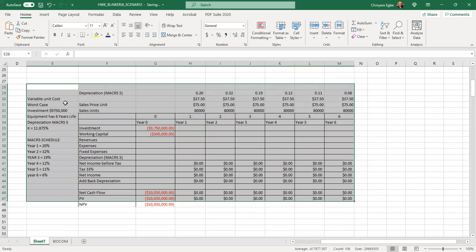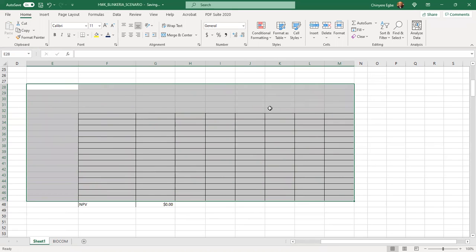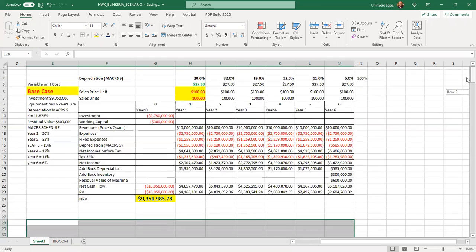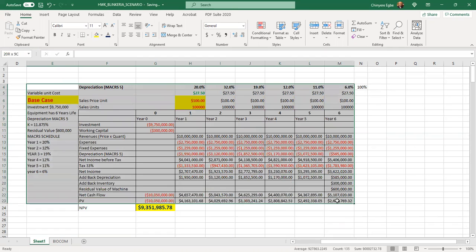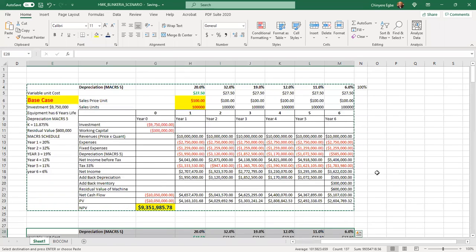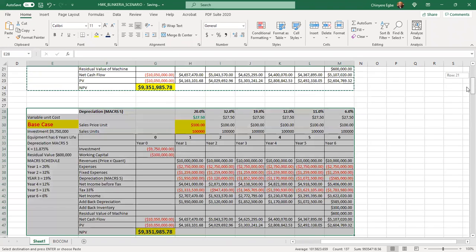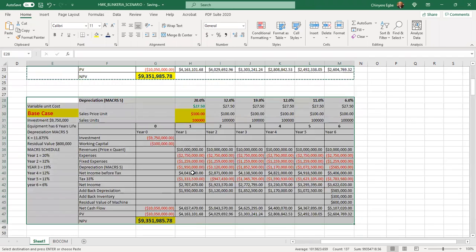I'm going to take that out first. I'm going to do this again. Copy it and paste it there. Okay, but you can see that what it did is to essentially copy the same numbers. That is not what you're supposed to do.